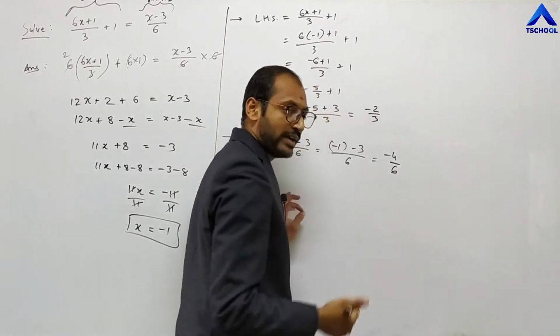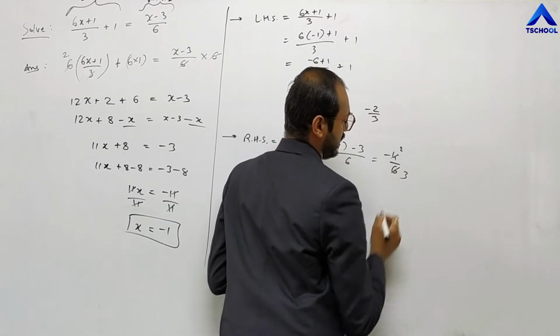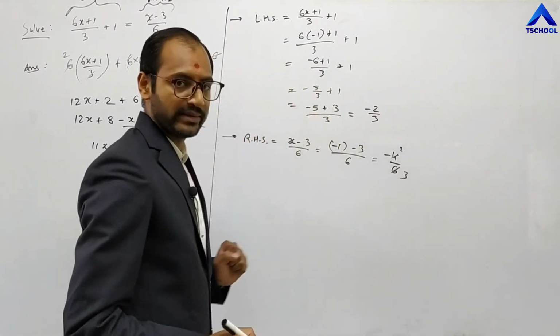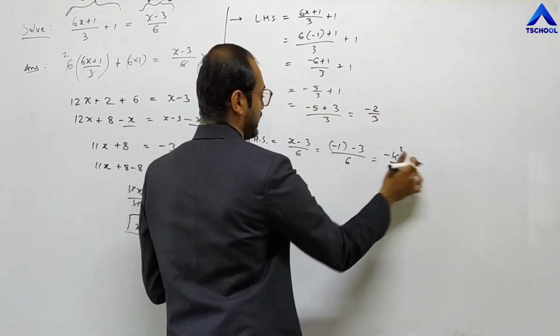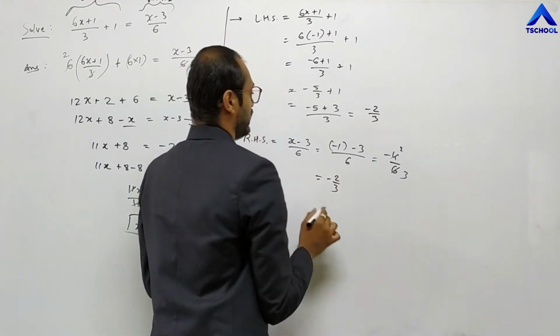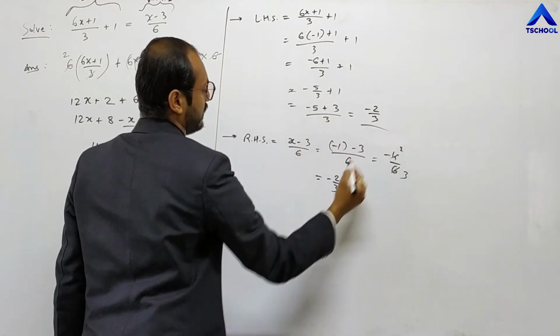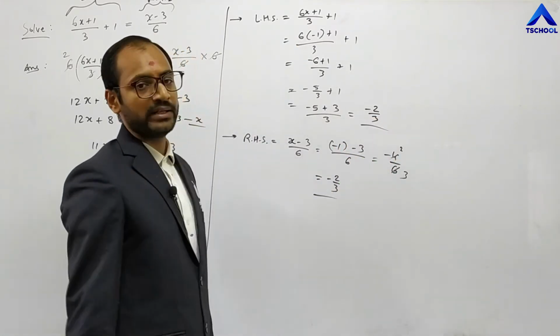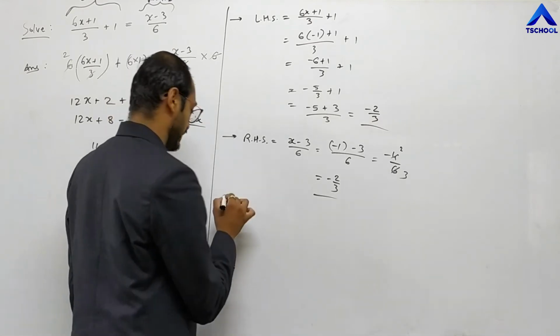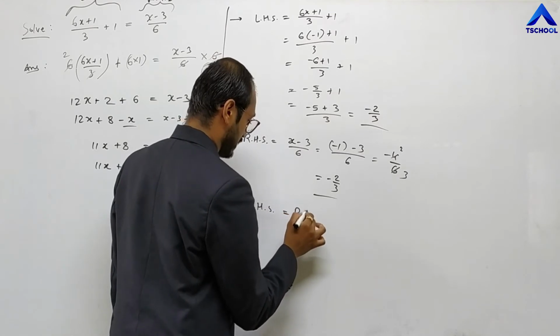We can simplify it again as 2 2s are 4 and 3 2s are 6. That means the answer is minus 2 by 3. So this is RHS and this is LHS. Both answers are equal. That means we can say that LHS equals RHS.